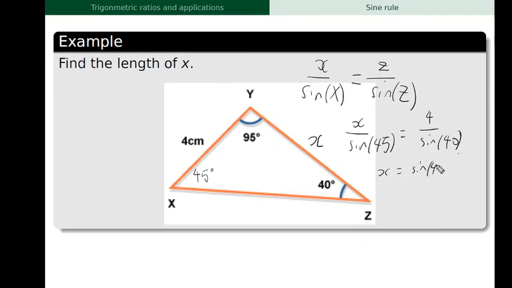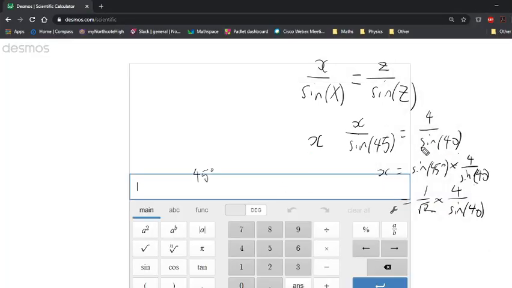And now we just need to rearrange for x. So x is sine of 45 degrees times 4 on sine of 40. Sine of 45 is one of our exact values, it's 1 over root 2. And then sine of 40 is not an exact value, so we're going to have to use a calculator.